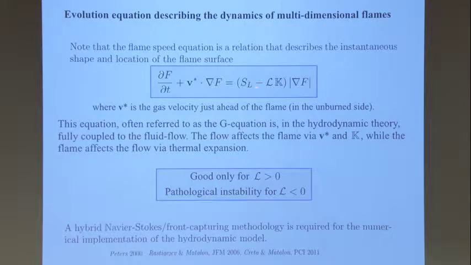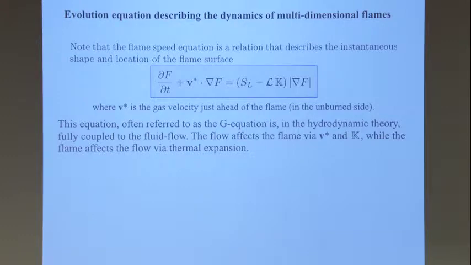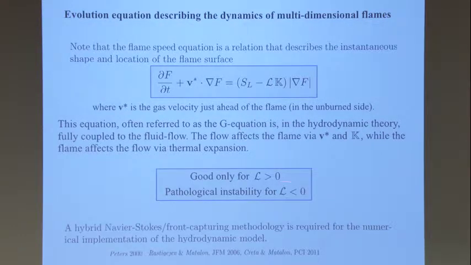When the equation is like a heat equation, in other words the Laplacian is dissipating, then there's a solution. But if you have a backward heat equation, it's going to blow up. And that's exactly what happens for L negative. So that's another comment that has to be made.